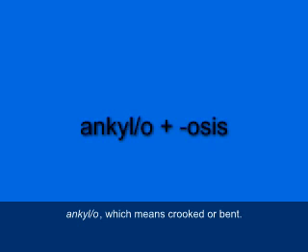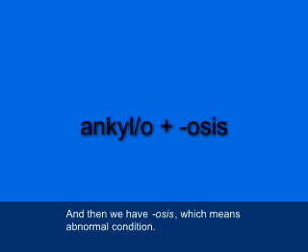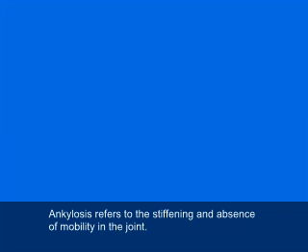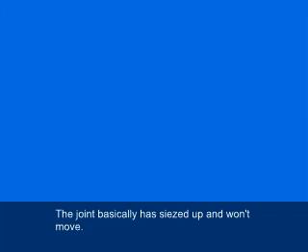Ankylo, which means crooked or bent. And then we have osis, which means abnormal condition, right? So ankylosis refers to the stiffening and absence of mobility in a joint. The joint basically has seized up and it won't move.